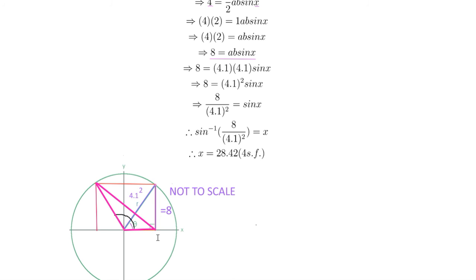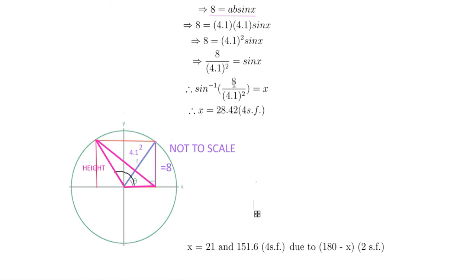And let's make this clear. I've made that clear enough. This is still the height. If I can write that in, it might be best. This is still the height of that pink triangle that I've just drawn. So it is still the opposite, or its height there. And remember, that's where that side came from.